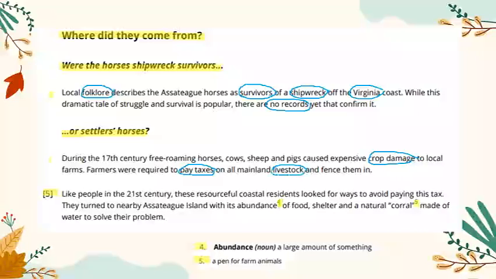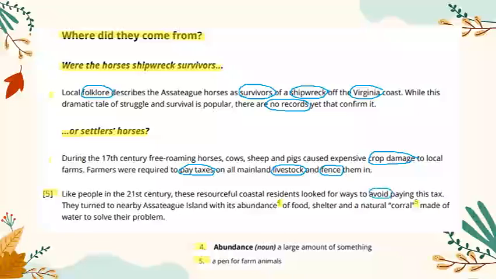Okay, so they had to pay for each livestock animal and they had to keep them inside of fences. Paragraph 5. Like people in the 21st century, these resourceful coastal residents looked for ways to avoid paying this tax. All right, so they didn't want to pay that tax money.